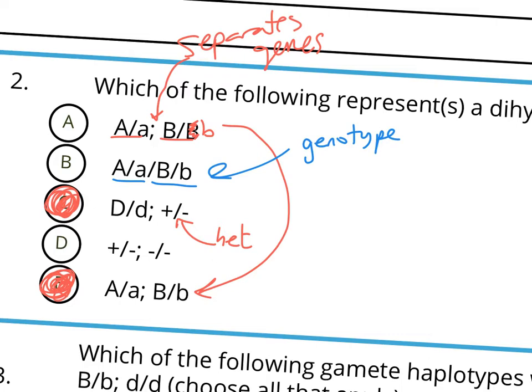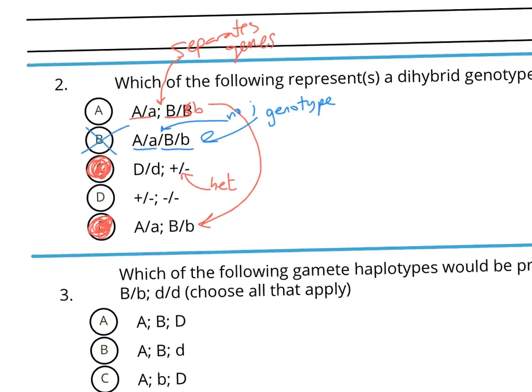But that's a genotype. There's no semicolon, so you would have to assume we're talking about four different letters all referring to the same gene, even though they're different letters, A's and B's. So that was the distractor, not a dihybrid. Questions about this? Two genes, two alleles, that's a dihybrid.